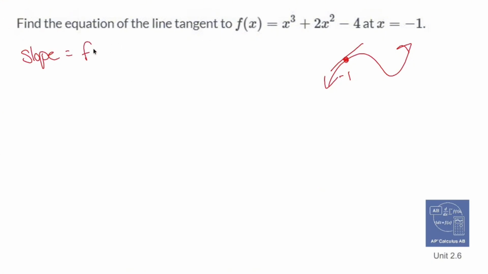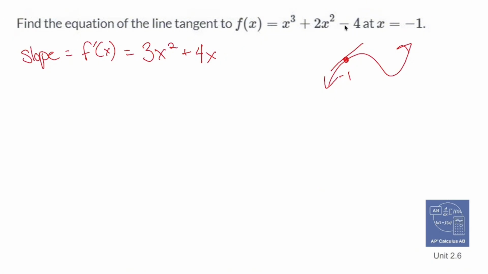So slope equals f prime of x, which is going to involve me taking the power rule. Drop the 3 down, subtract 1. Then drop the 2 down, multiply it to 2, so I get 2 times 2 is 4. Subtract 1, x to the invisible 1.